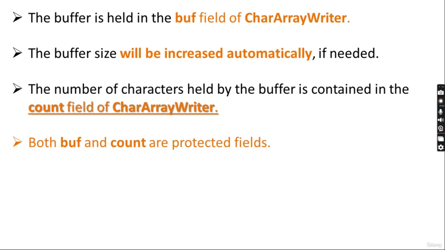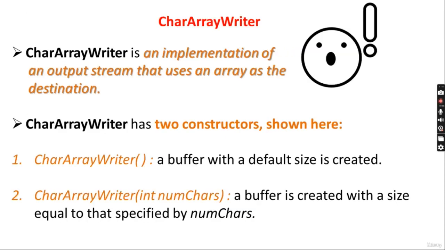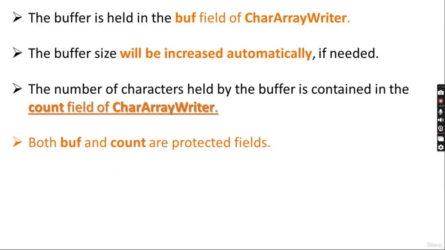The buffer is held in the buffer field of the CharArrayWriter. Okay, the buffer size will be increased automatically if needed. The number of characters held by the buffer is contained in the count field of the CharArrayWriter.